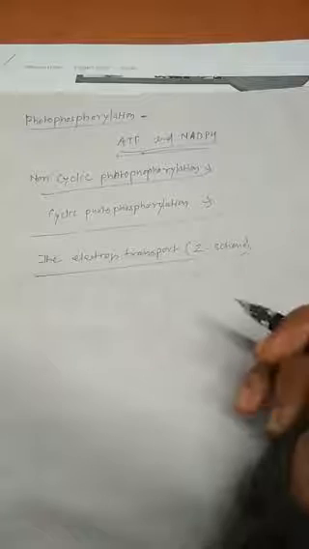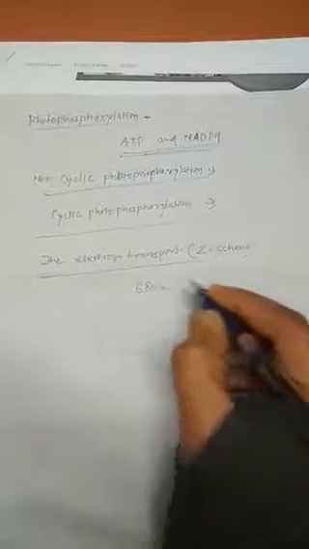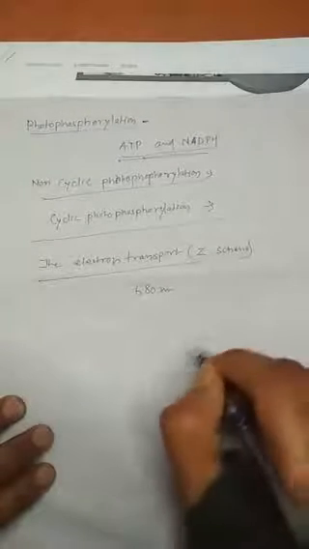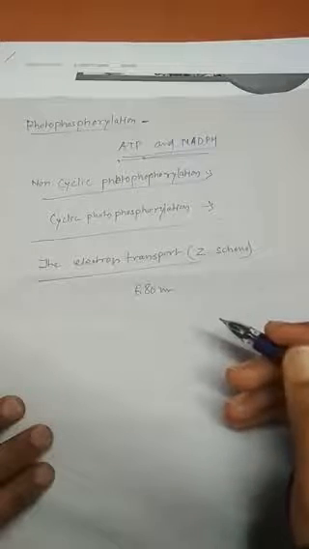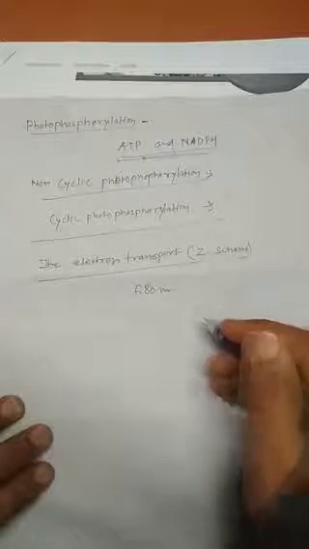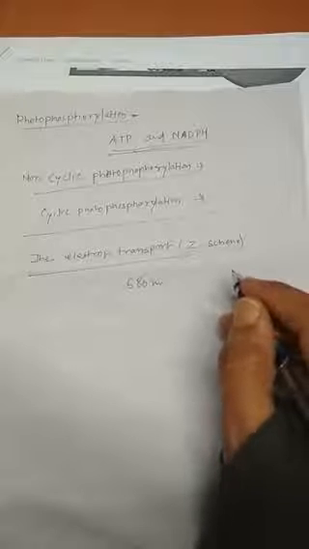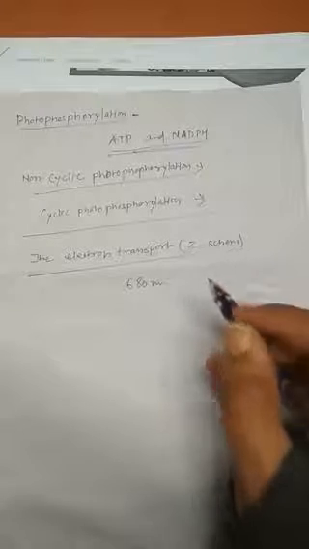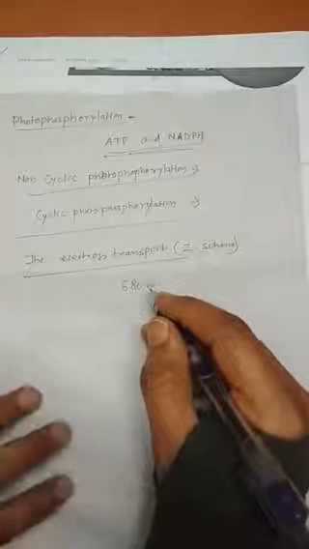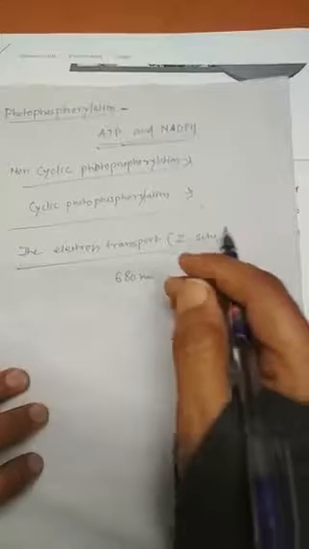In PS2, the reaction center chlorophyll absorbs 680 nm wavelength of red light, which makes the electron become excited, and these electrons are taken up by the electron acceptor, which passes them to an electron transport system, ETS, consisting of cytochromes. The movement of electrons is downhill. Then the electron passes to PS1 and moves downhill further.